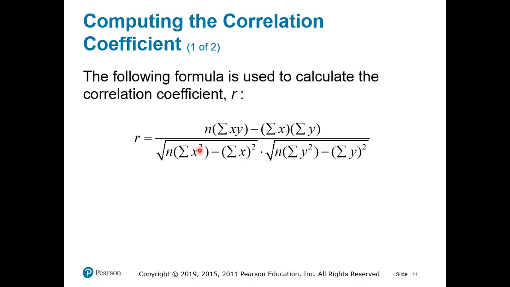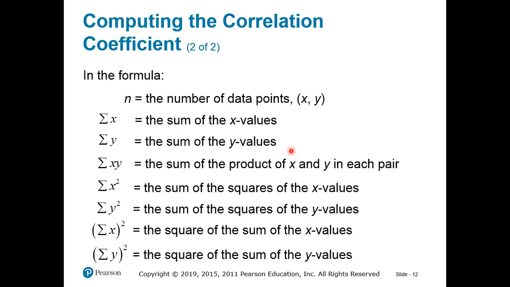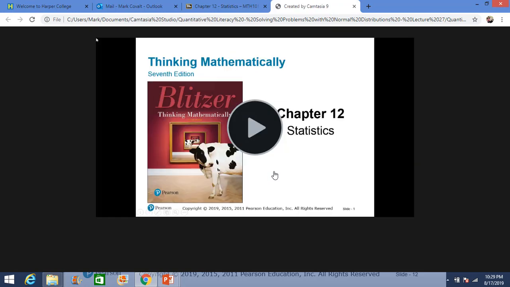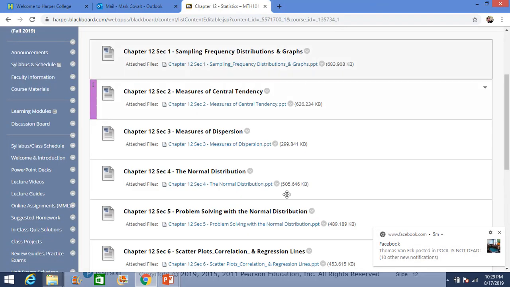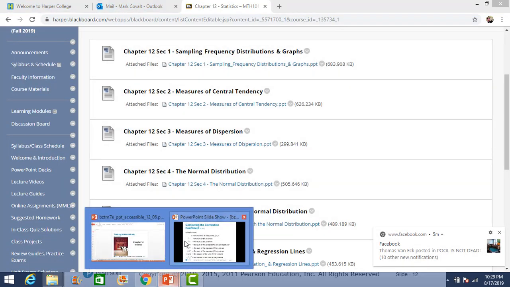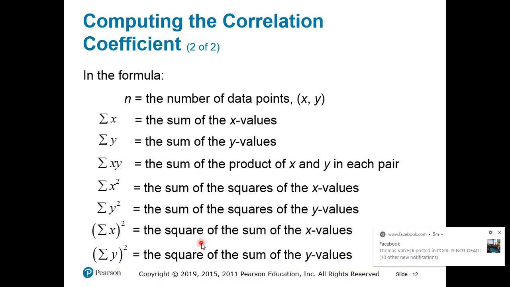And then you're going to need the values of x squared and the values of y squared. We can get all of these by using a table of values to build this formula.